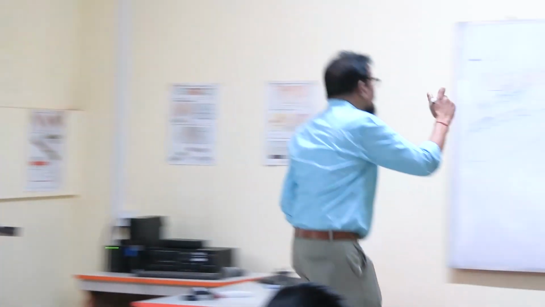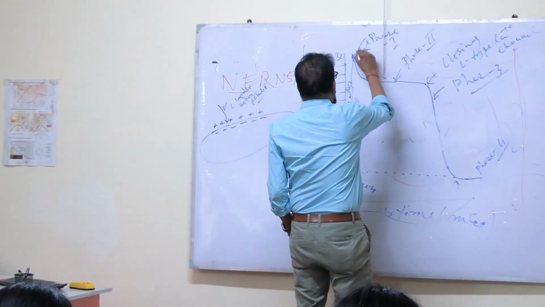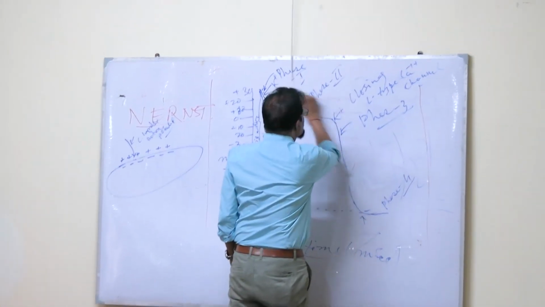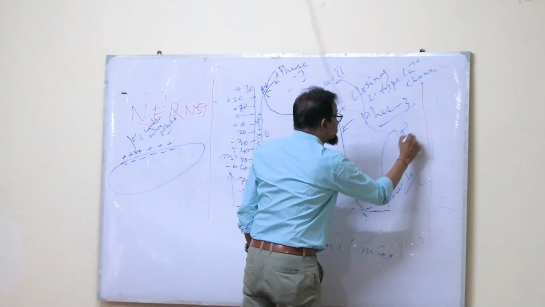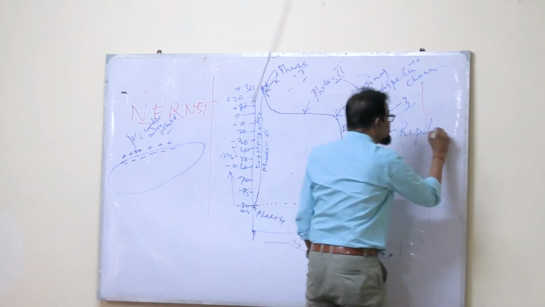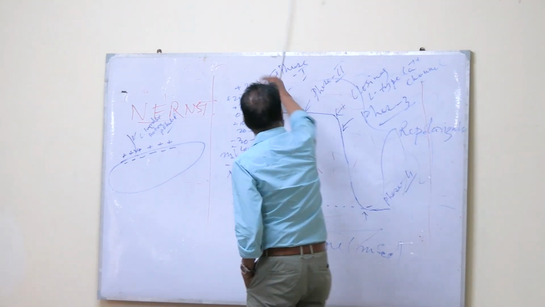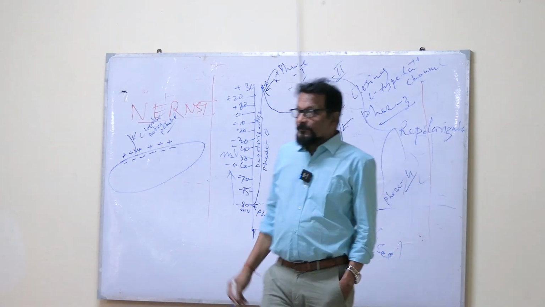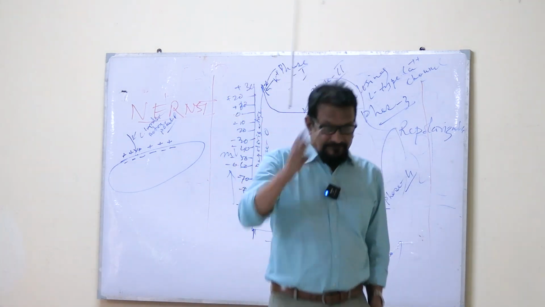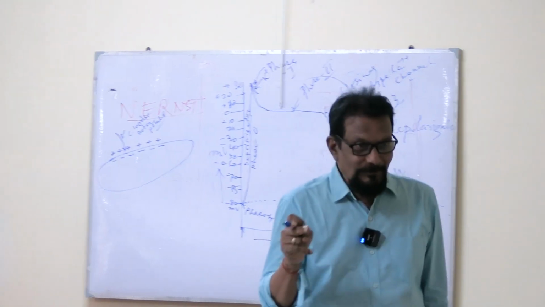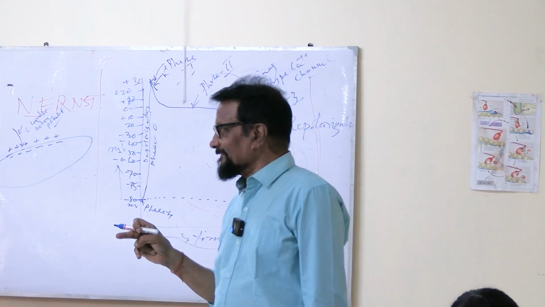And from this point to this point, the change is called repolarization. So this is depolarization and this is repolarization. In repolarization we get phase 1, phase 2 and phase 3.